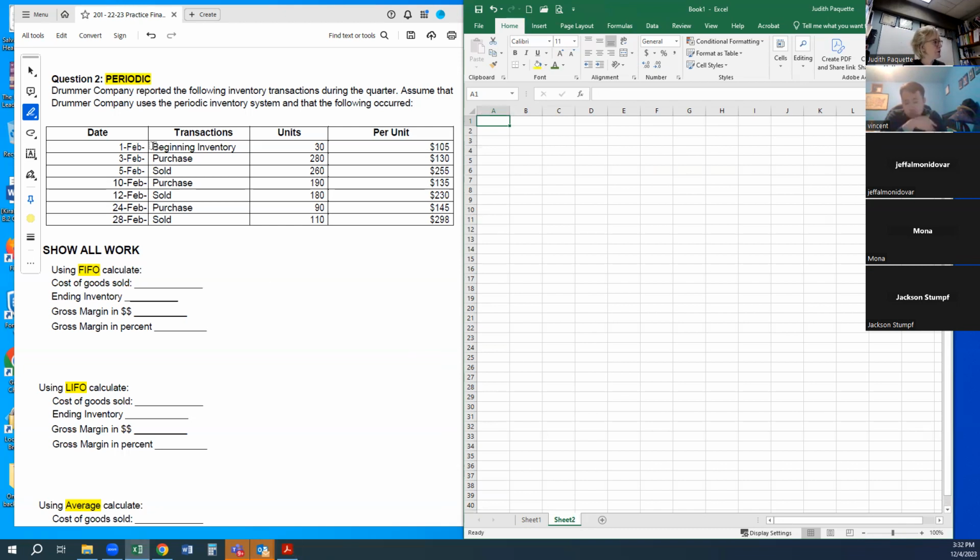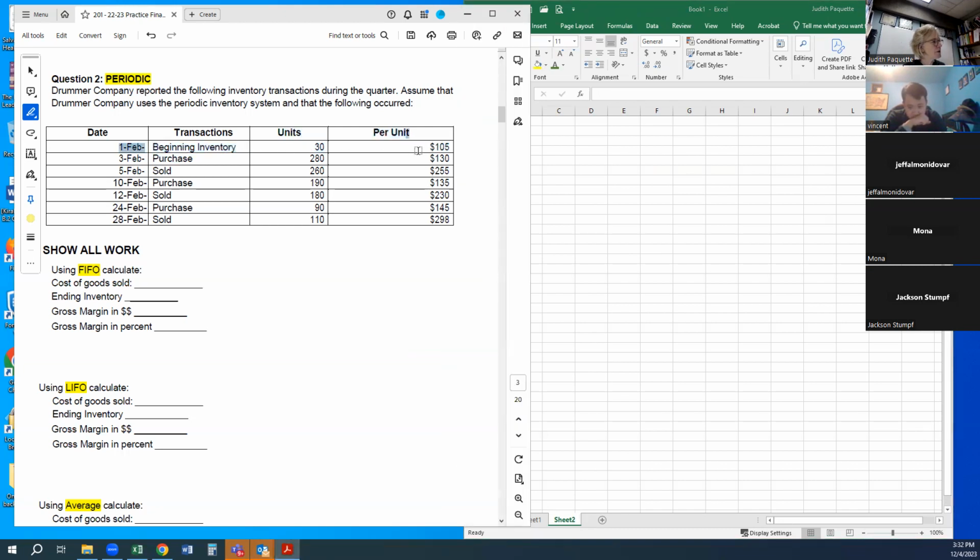First, this is a little bit of a tricky question in that you've got purchases and sales commingled. When you're figuring out the cost of goods sold and the ending inventory, you only care about the inventory and the purchases.